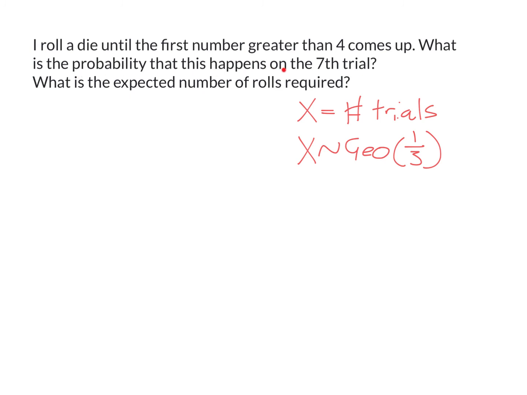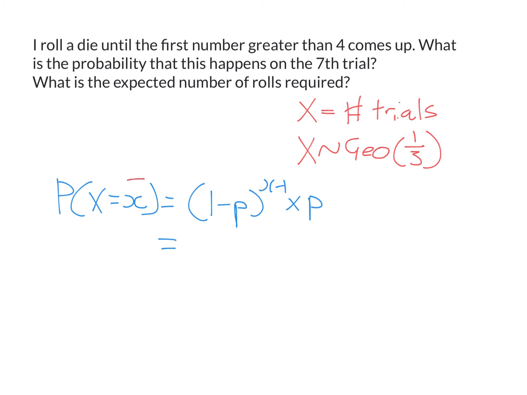So what's the probability that this happens on the 7th trial? This is the formula for the geometric distribution on the previous slide. So here we have that little x is equal to 7, because we're after the probability something happens on the 7th trial. So P is a third, probability of success is a third, so the probability of failure each time is 2/3.